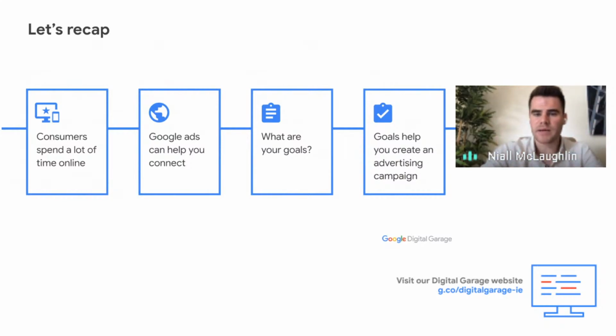This is important because when you focus on your desired business outcomes, the strategy will follow off the back of that. So determining your business goal at the outset will help you choose the most effective advertising campaign to achieve these goals. We also showed you the different ways to reach customers online, showcasing how to bring visibility to your products and services in different areas of Google search results and other pages.